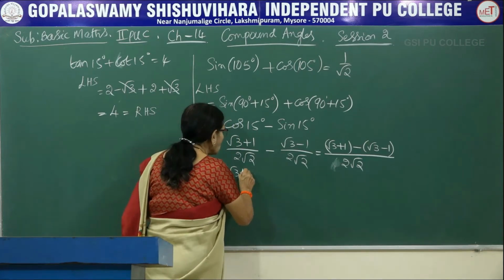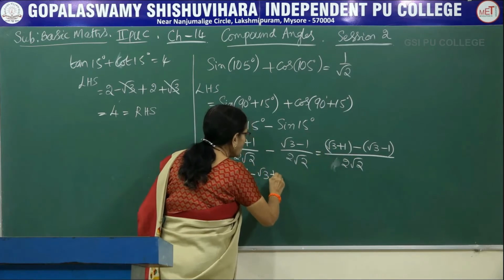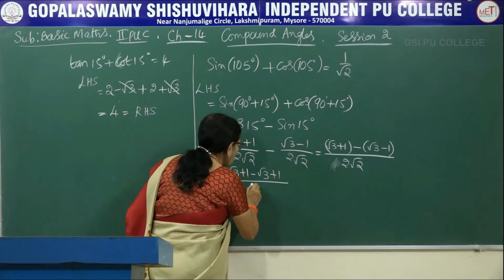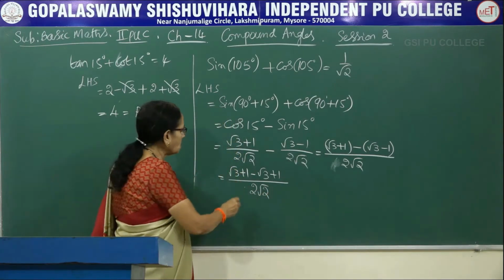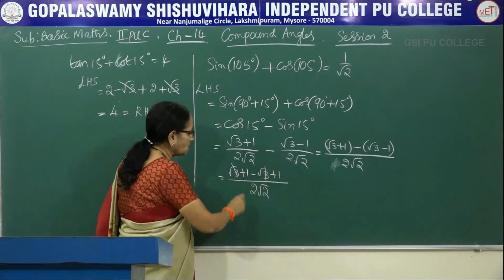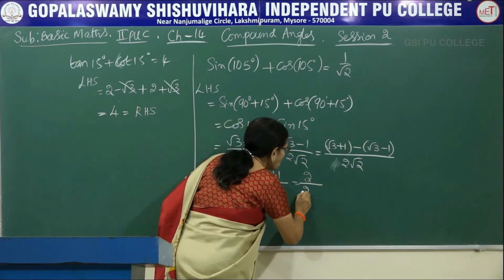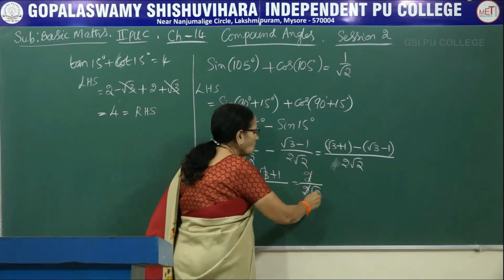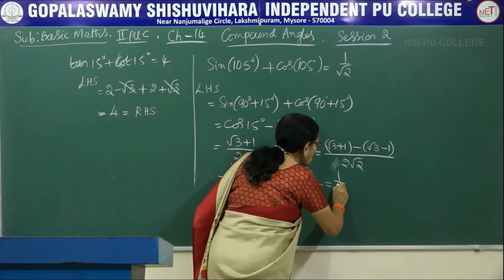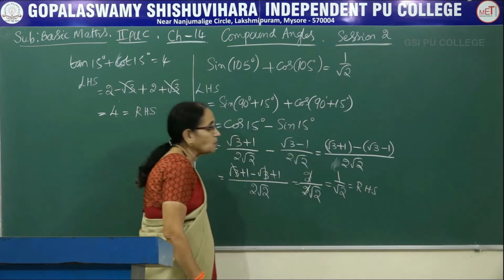That is root 3 plus 1 minus root 3 plus 1, divided by 2 into root of 2. Root 3 can be cancelled. 1 plus 1 is equal to 2, divided by 2 into root of 2. Cancel 2 also. What is remaining now? It is 1 by root of 2, which is the right hand side we wanted.